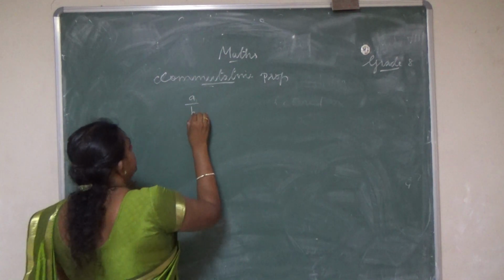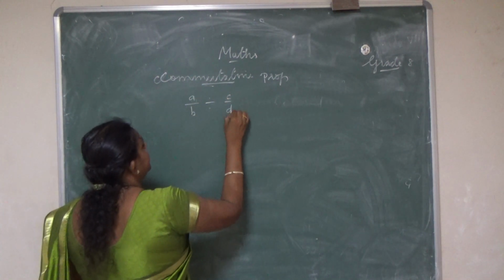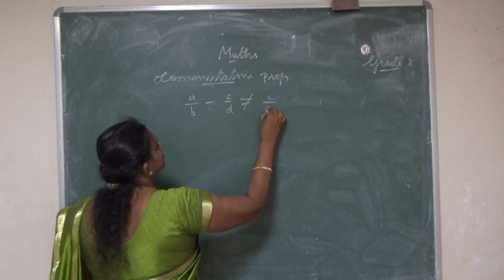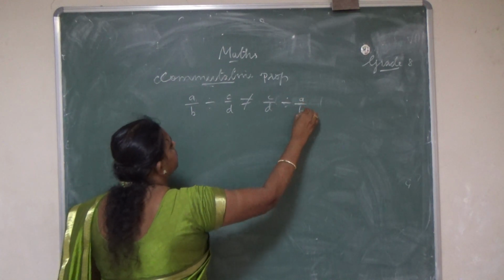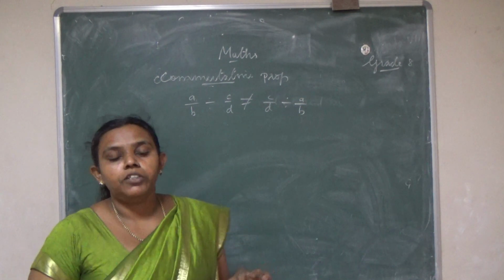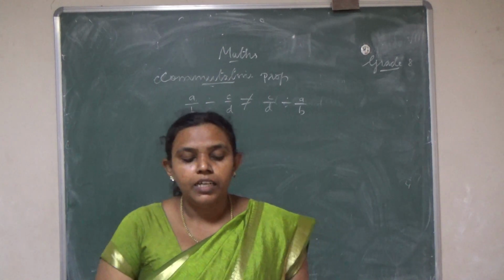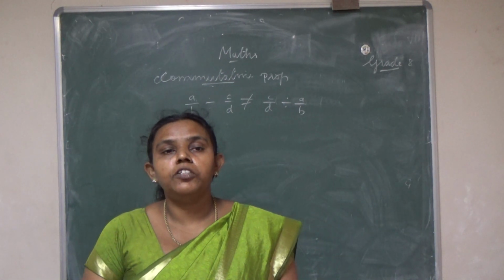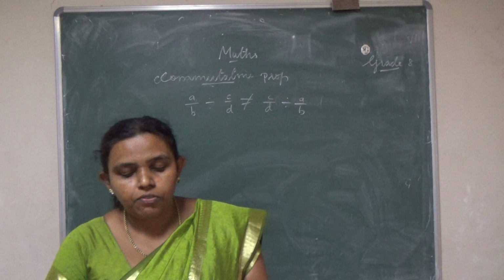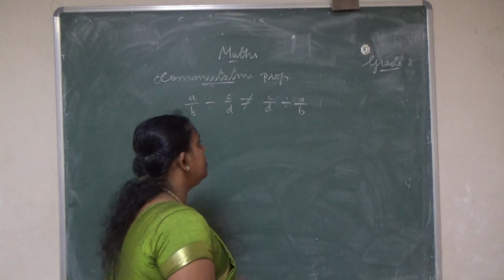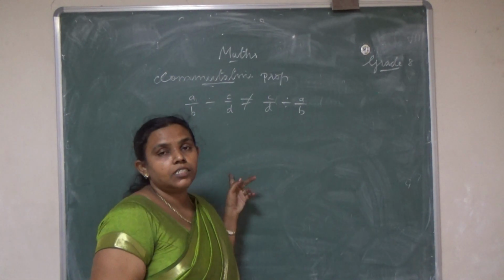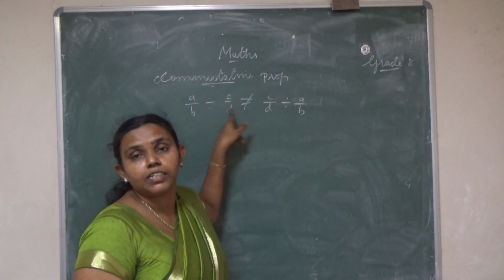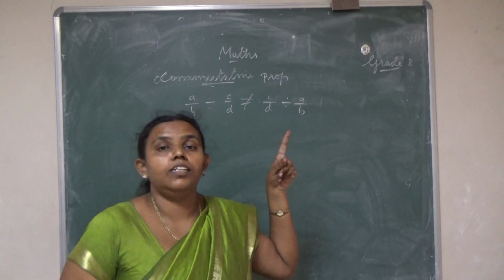For any rational numbers, A by B divided by C by D, for division also, it is not equal to C by D divided by A by B. So commutative property is also not equal. Rational numbers are not equal when the sides are swapped. For addition it will be equal.